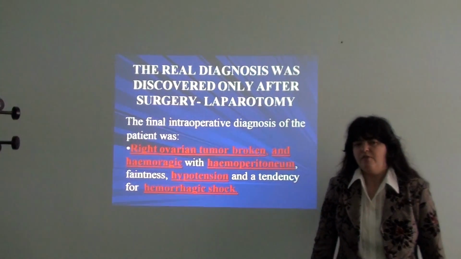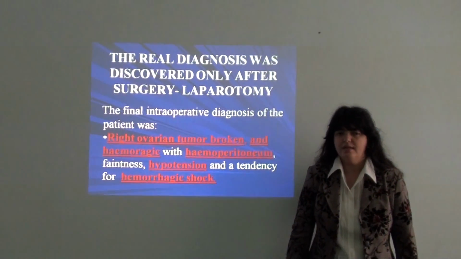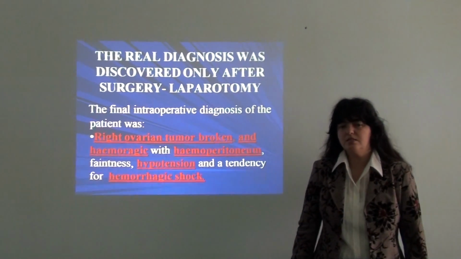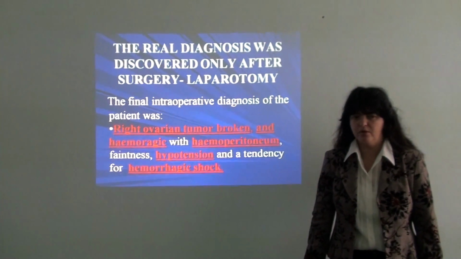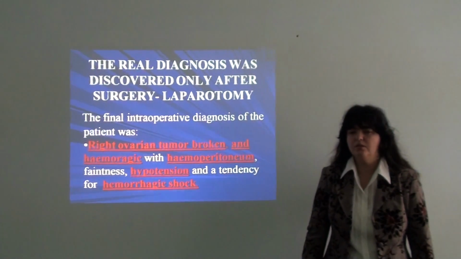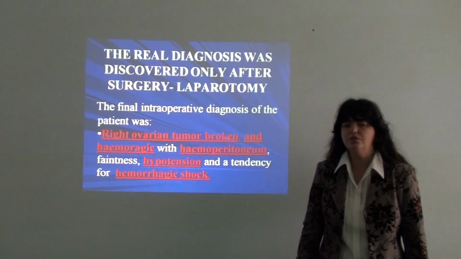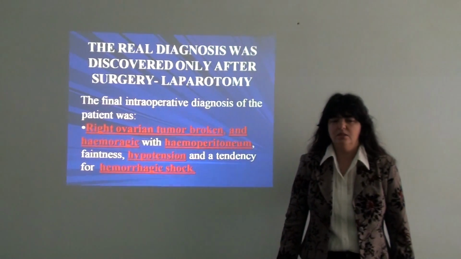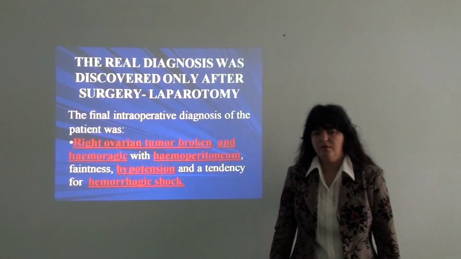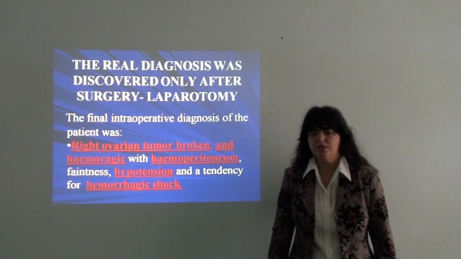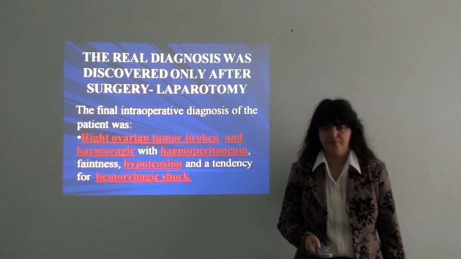So, finally, the real diagnosis of the patient, I insist on this idea, was discovered only after surgery, after emergency laparotomy. So the final intraoperative diagnosis of the patient was right ovarian tumor broken and bleeding with hemoperitoneum, lipothymia, hypotension, and a tendency for hemorrhagic shock.